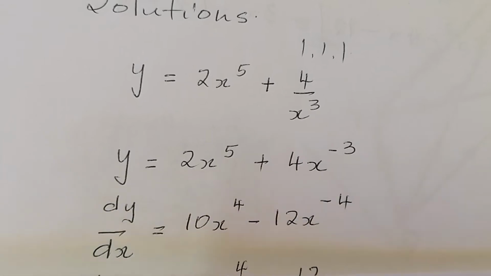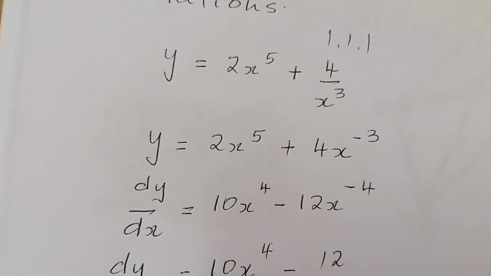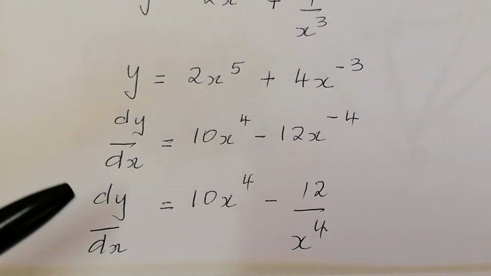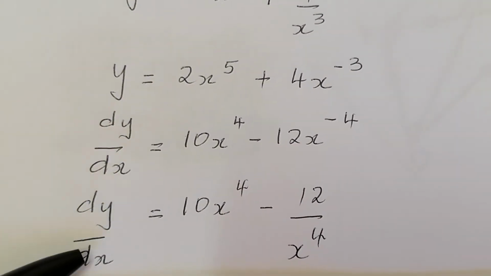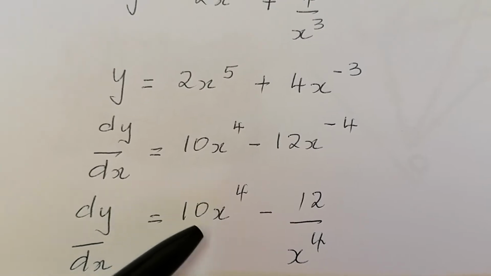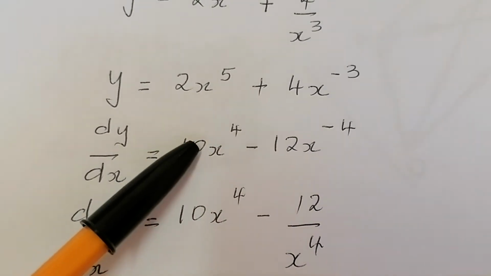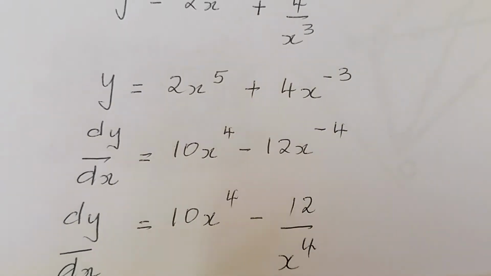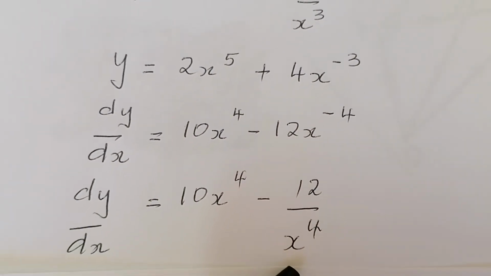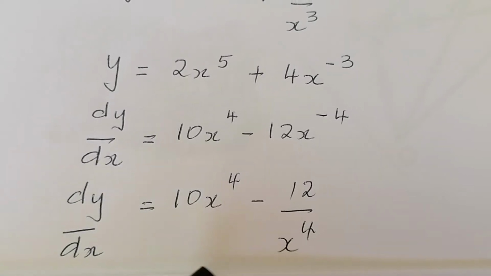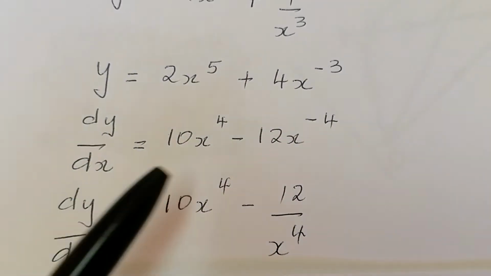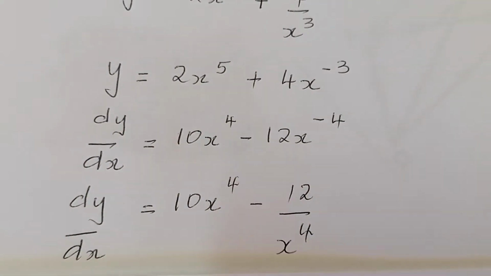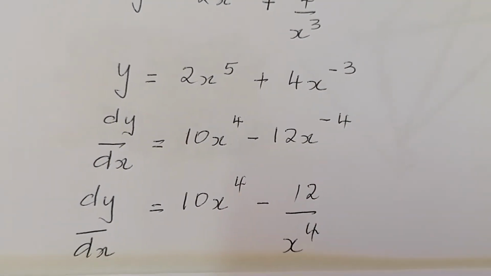Now, what I did is I did exactly that there. Therefore, the derivative of y with respect to x is equal to 10x to power 4, which is what I got there. Then I wrote x to power minus 4 as a positive exponent. This is the perfect answer. We shall have differentiated the given function.